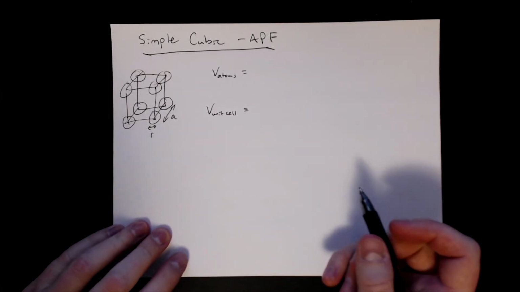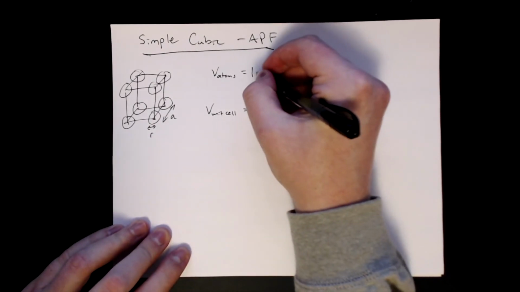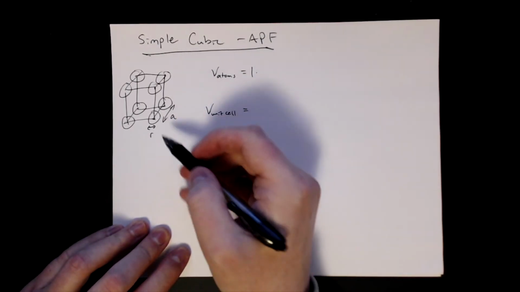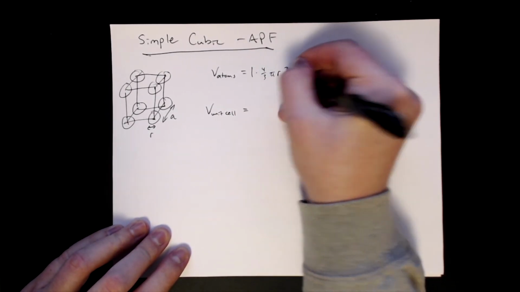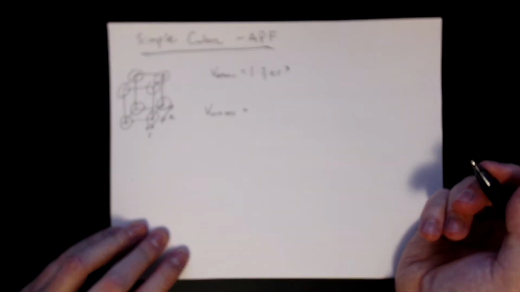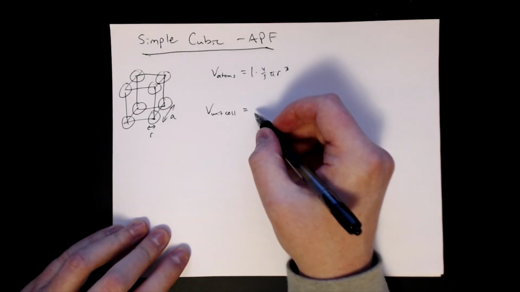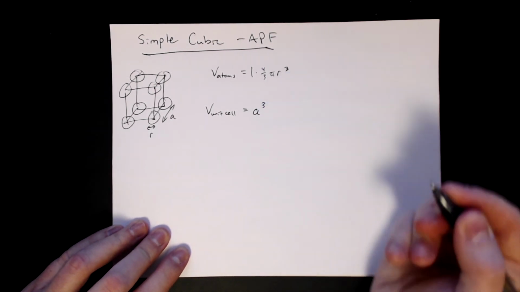All right, let's put all of these parts together. We previously found that we had 1 atom in this unit cell, and 4/3 pi r cubed is the volume of a sphere. Our unit cell is a cube, so its volume is the side length a cubed.